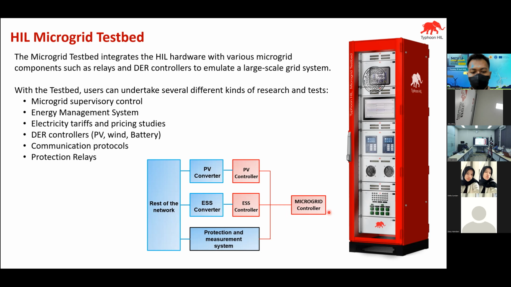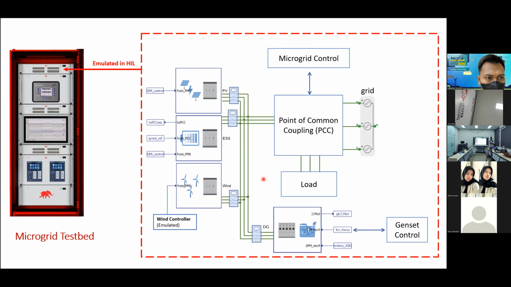Now, if you are working at this level and you want to see the overall view, Typhoon HIL is able to emulate the entire system, and then you can test your microgrid controller algorithm, as well as the communication protocols. So I think this would present a better view.